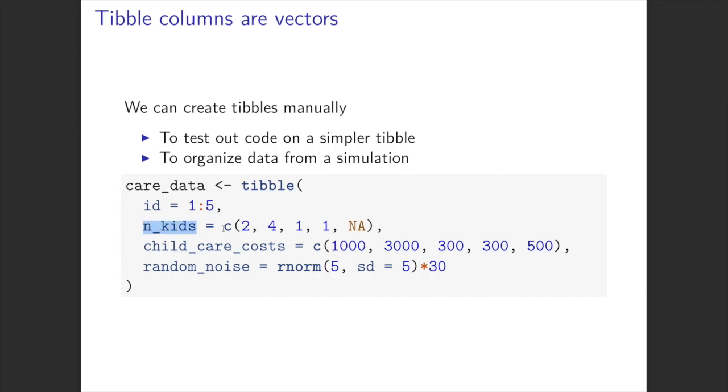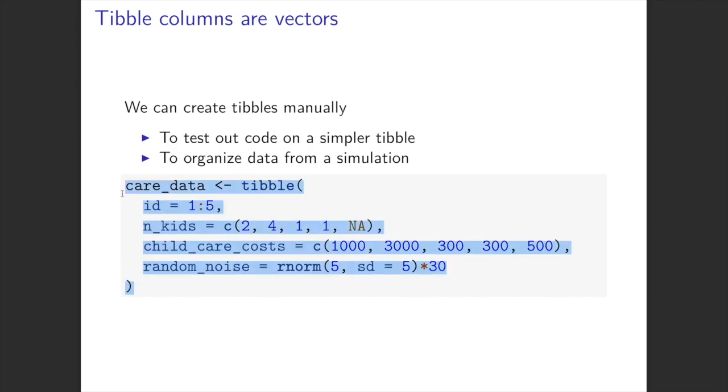And kids is going to be a column with these numbers and an NA in the data. Random noise is a vector that I use rnorm for. I say 5 so that it's the same length as these other vectors. And then I do some extra stuff to make the normal noise a little bit bigger to match the childcare costs.